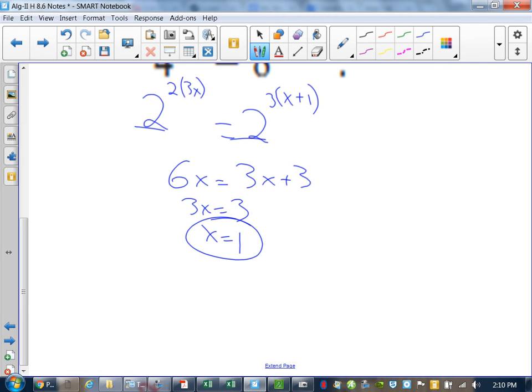Now, what's nice about exponential equations is that they are so unbelievably easy to check your work with. What's 3 times 1? 3. 4 to the 3rd power is 64, because if you think about it, 4 squared is 16. Multiply that by 4, you get 64.